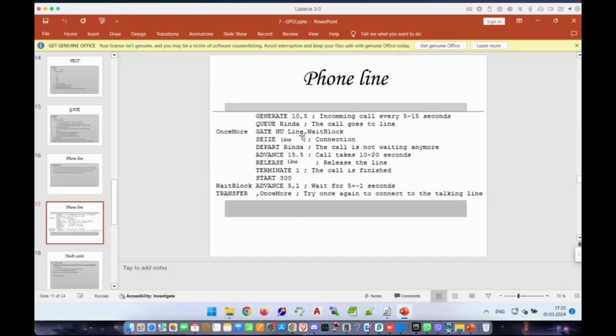So if the line is empty of any transacts, then a transact takes the line, goes out from the waiting line, takes the call time between 10 and 20 seconds, and then releases the line, so the line becomes free, and the phone is disconnected from the line. And since here we have start 300, it means that the simulation will run until 300 calls happen.